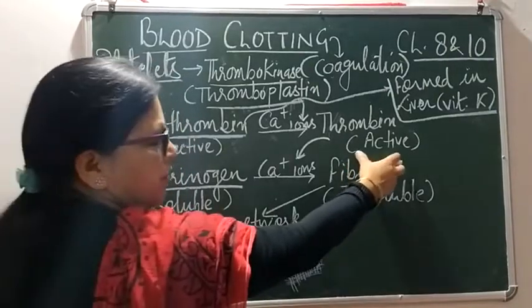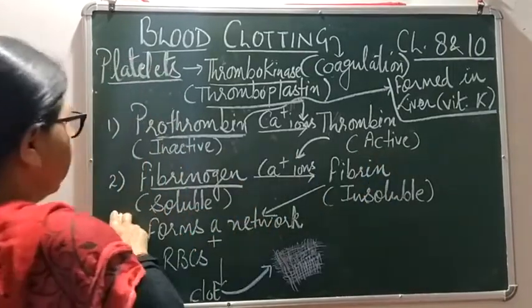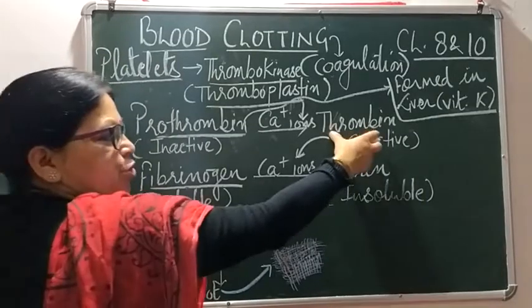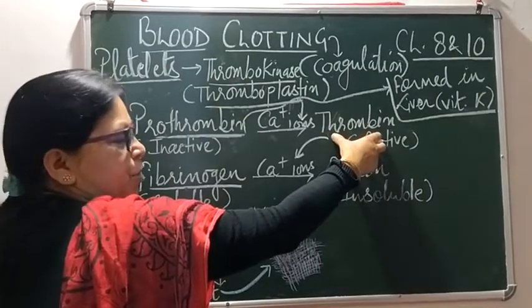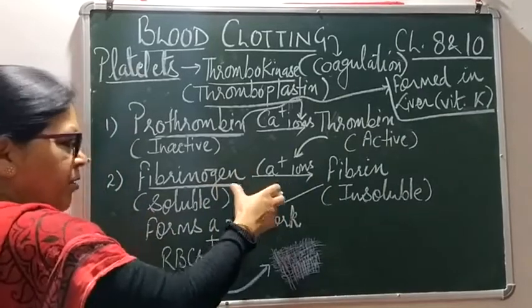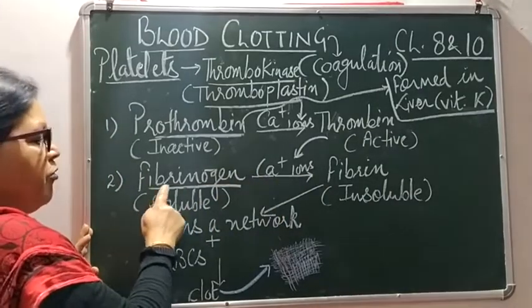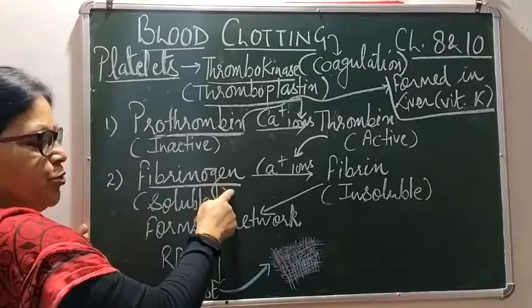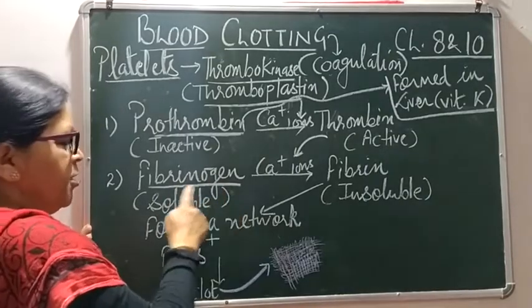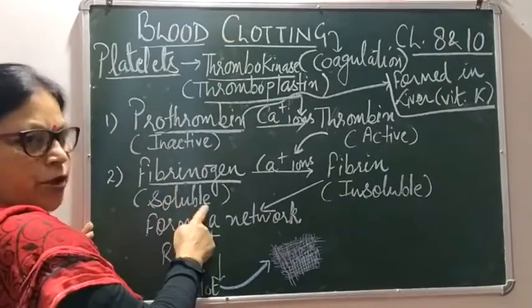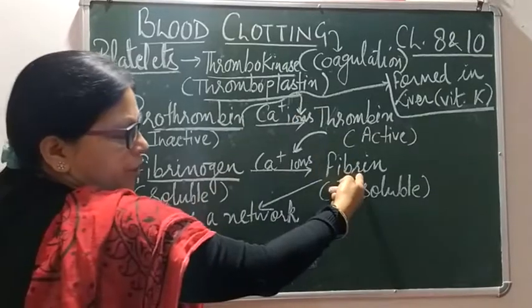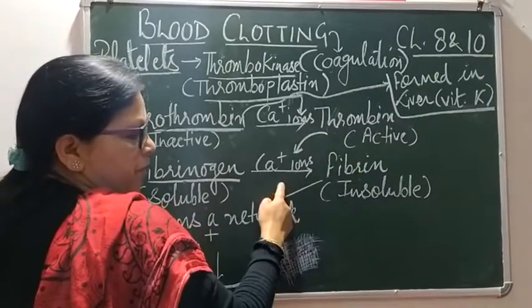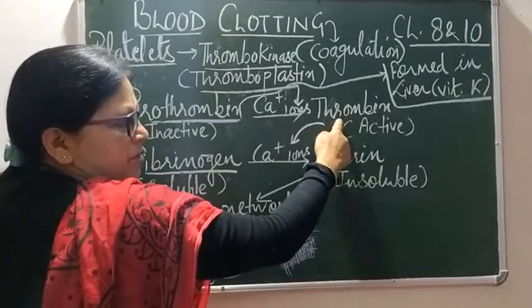Now as it becomes active, in the second step, this thrombin, the end product, will help in the conversion of fibrinogen. Fibrinogen is also a protein present in plasma. This fibrinogen, which is soluble, will be converted into fibrin with the help of calcium ions and in the presence of thrombin.